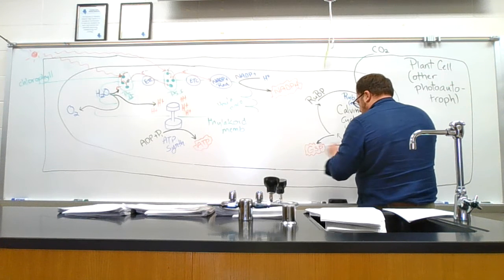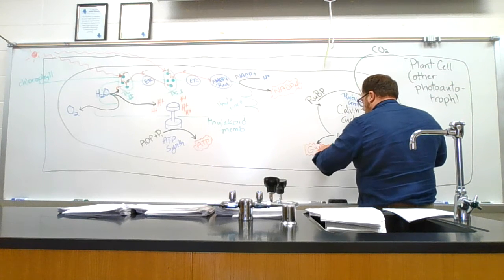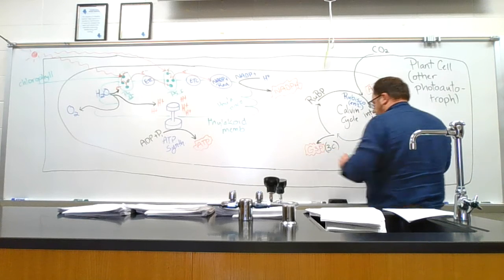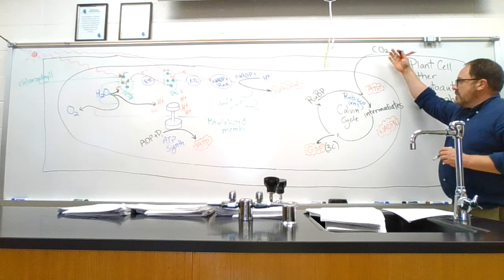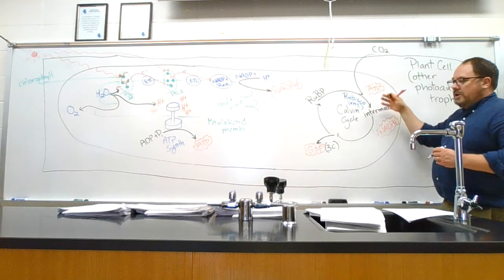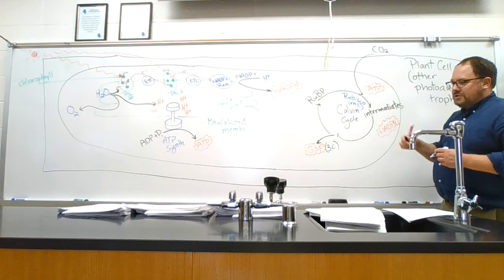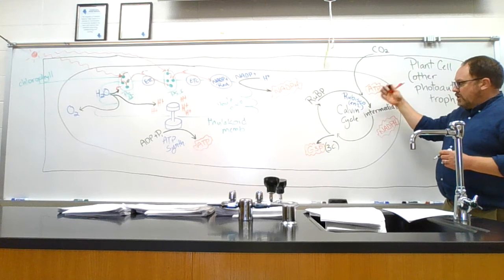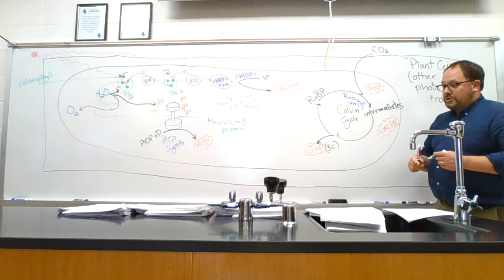And these are, I'm going to do this in black, 3 carbon molecules. So you take carbon dioxide out of the air, use an enzyme to attach that carbon into an existing molecule, use ATP and NADPH to rearrange those carbons into these 3 carbon sugars.